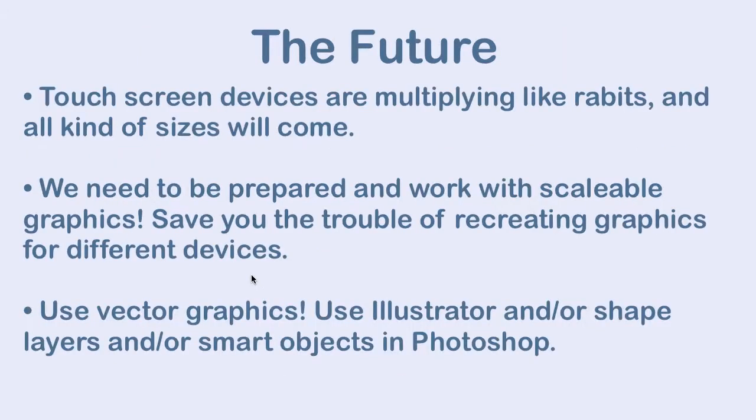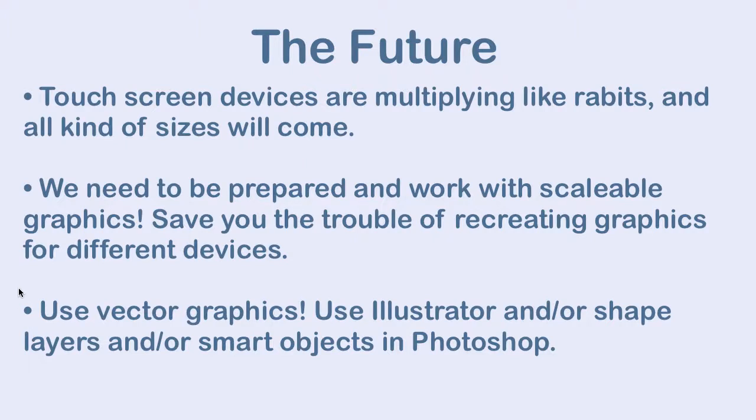I want to end this lesson by looking into the future. Touchscreen devices are multiplying like rabbits, and all kinds of sizes will come in the future. It will not stop at the current iPhone and iPad sizes. We need to be prepared and work with scalable graphics, and that will save us the trouble of recreating graphics for different devices.